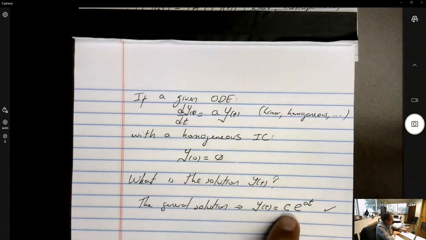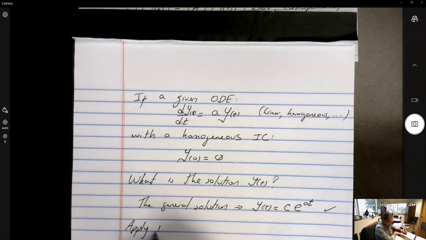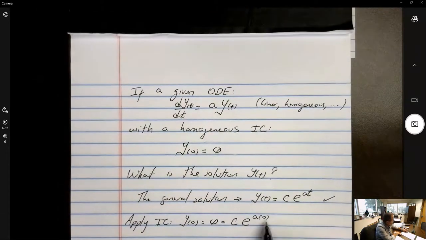Now let's find the constant of integration c using the initial condition. Applying the initial condition means that y of 0 is equal to 0, so it would be c times e to the a times 0. So at time equals 0, the solution y is equal to 0.